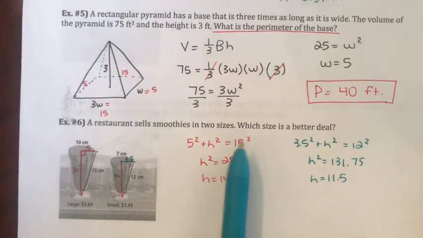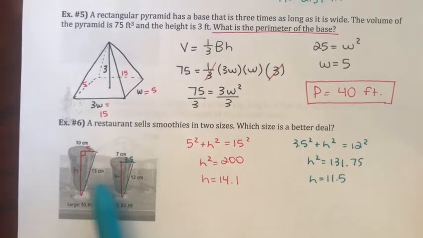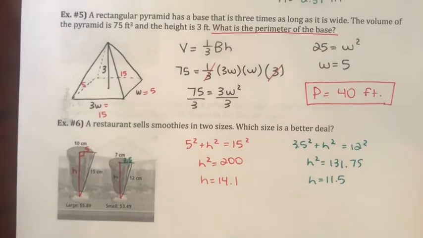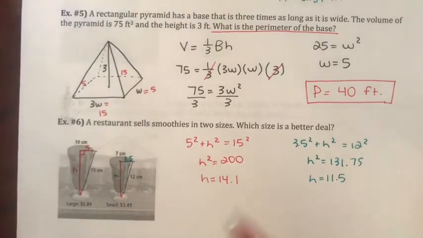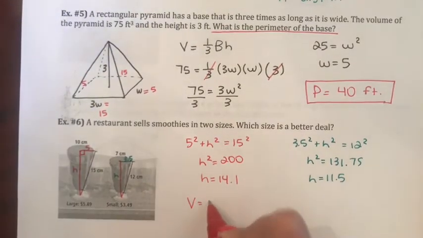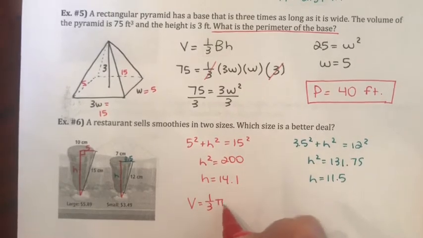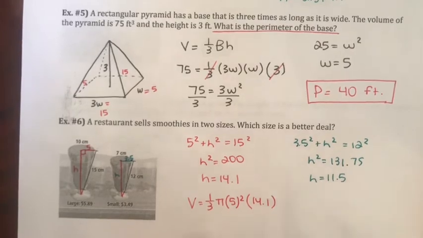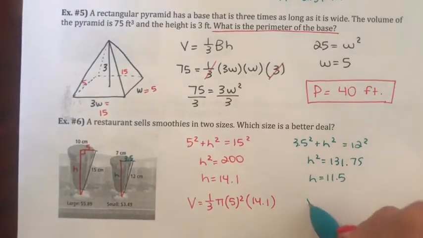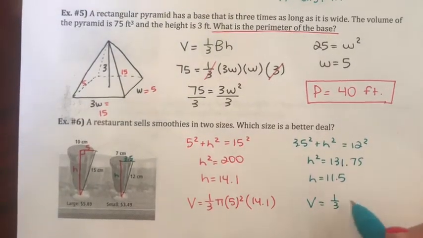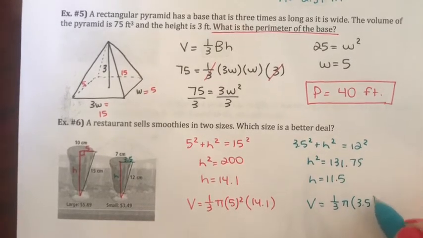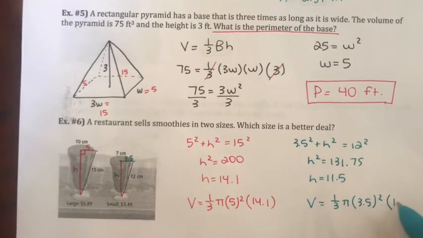Now, if we're looking to see which is the better deal, I'm going to find the volume of each of these, okay? So the volume for this large one, 1/3 pi r squared times our height. Volume for our small cone, 1/3 pi r squared times our height.